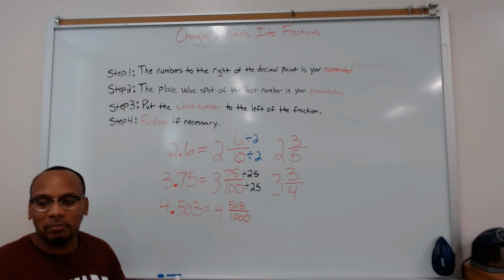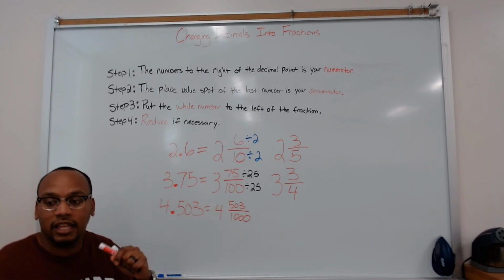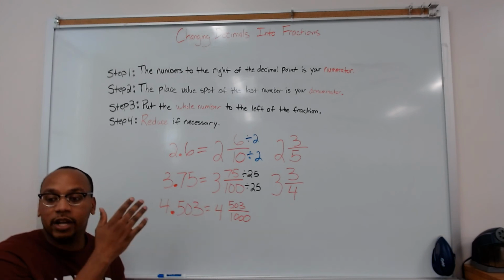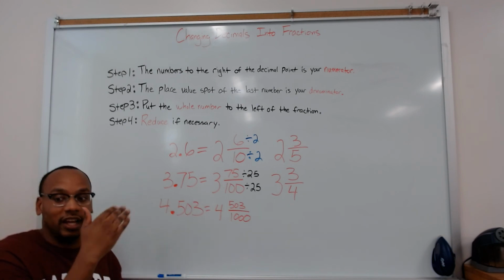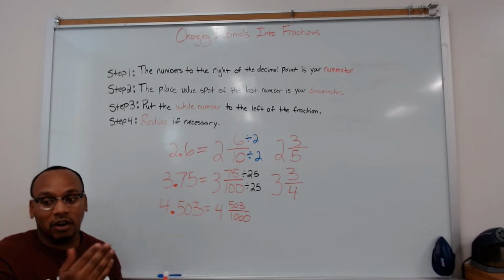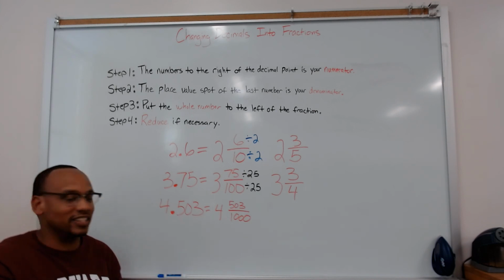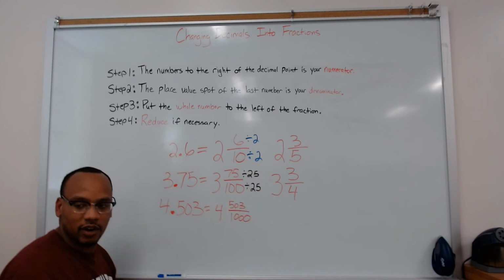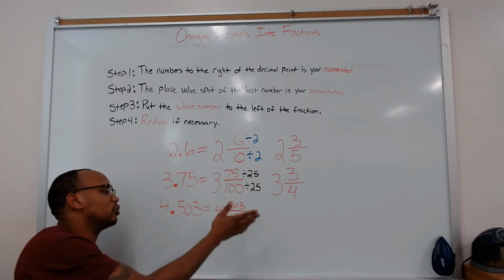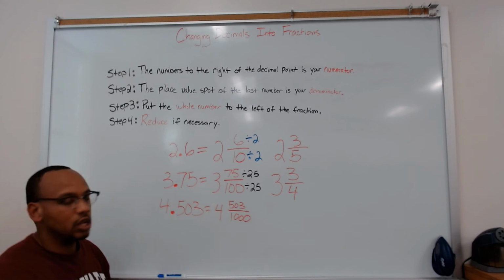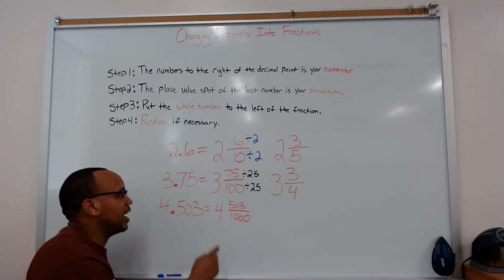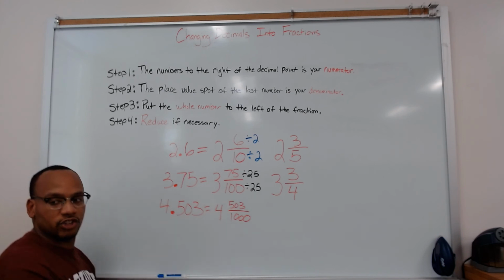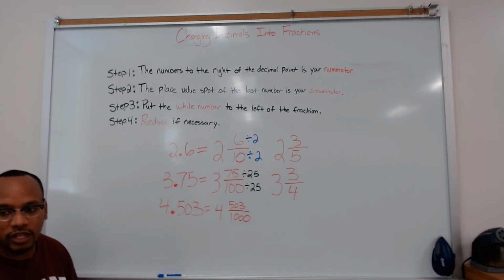Right? So sometimes you have a number that can't be reduced. If that top number is prime, and if you don't know what prime is, don't worry about it. Look at my video on prime and composite. But if that number is prime, that means it can't be reduced down, right? So 503 cannot be reduced. So that means you leave it at 503 over 1,000. So this is the reduced version of 4 and 503 thousandths.